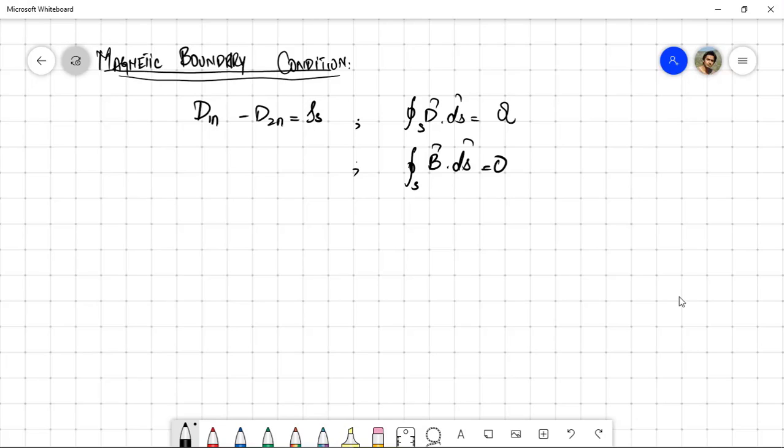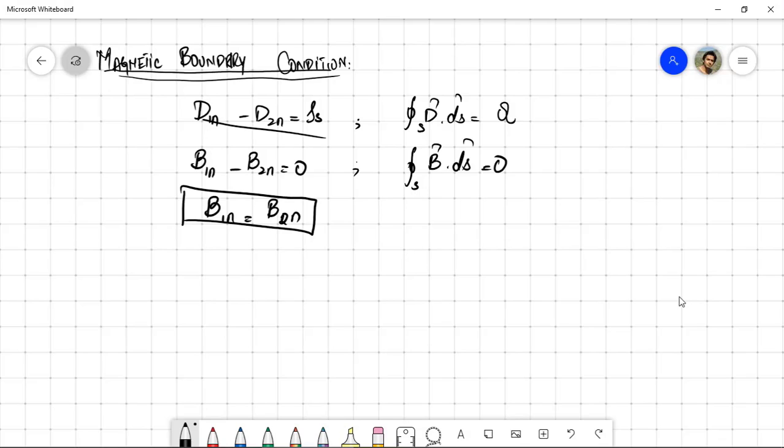So we can say that b1n should be equal to b2n, just like this.